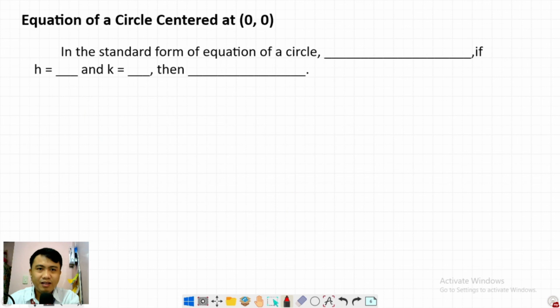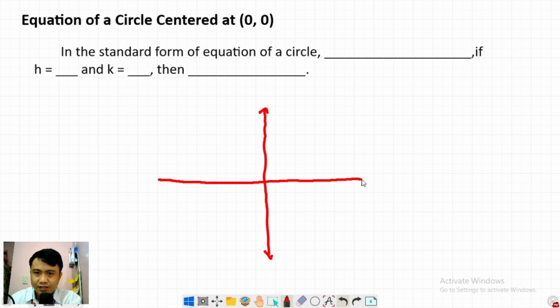So ang gagawin natin, tingnan natin, ano ba yung equation ng circle na nakasentro sa origin? Okay, another drawing. Gusto ko mag-drawing para ma-illustrate natin. Sa math kasi, if you have a problem, kailangan illustrate natin para maintindihan natin nasaan yung nakalagay sa problem.